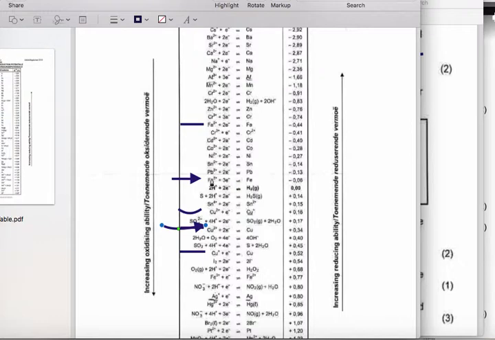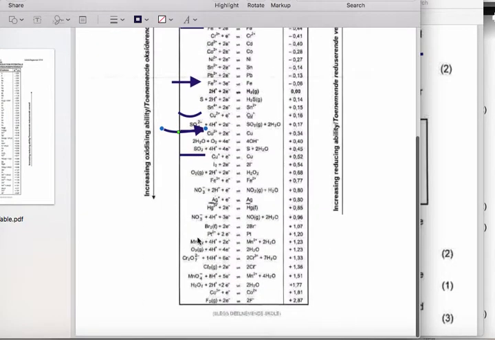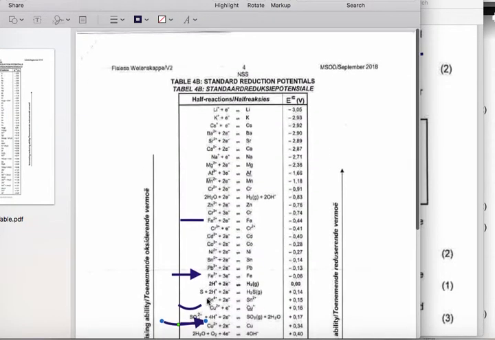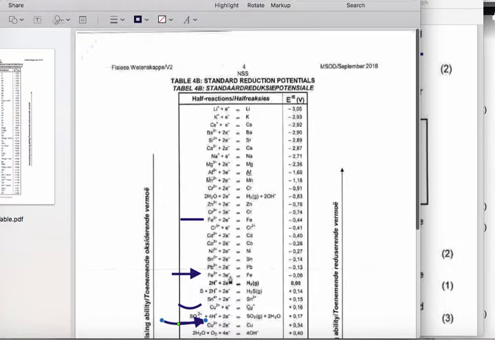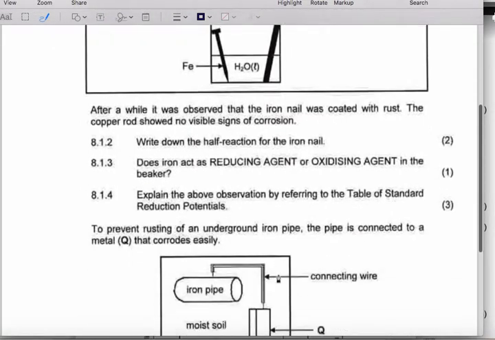Iron is on top, therefore it's oxidized, wants to lose electrons. All these on the top, from the lithium at the top, that will be most readily oxidized, right down to fluorine at the bottom, that'll be least readily oxidized. The one on the top is the reducing agent, or the one that wants to be oxidized. So iron will be the reducing agent.